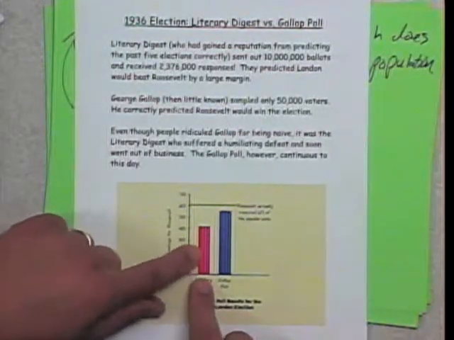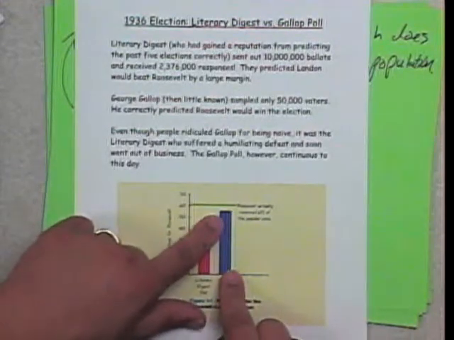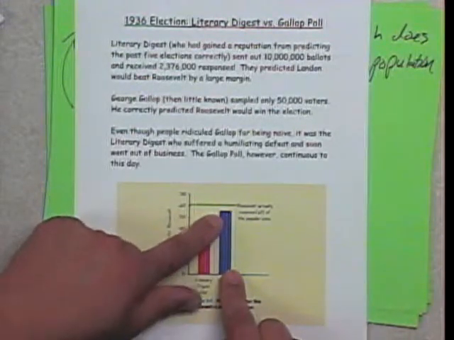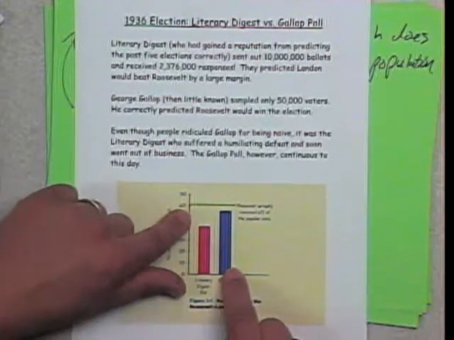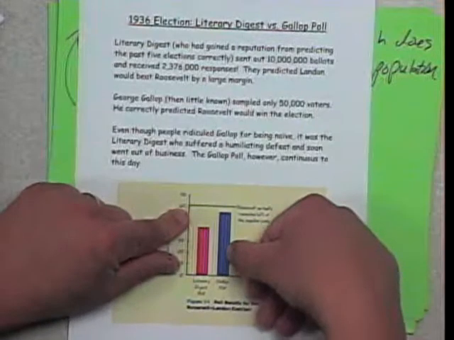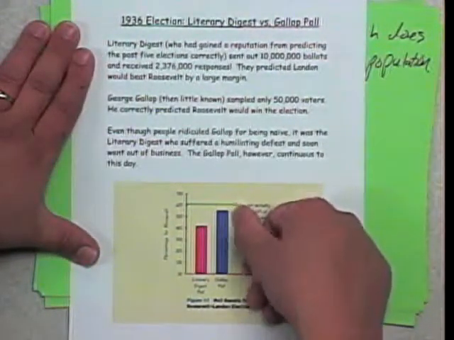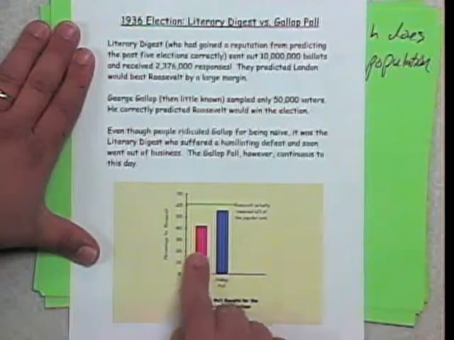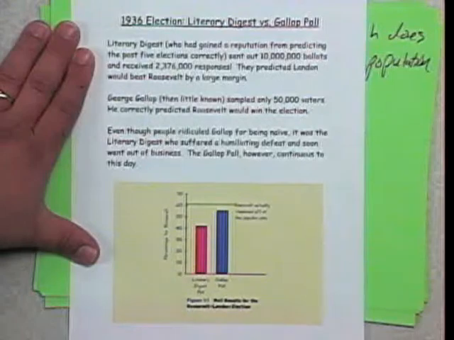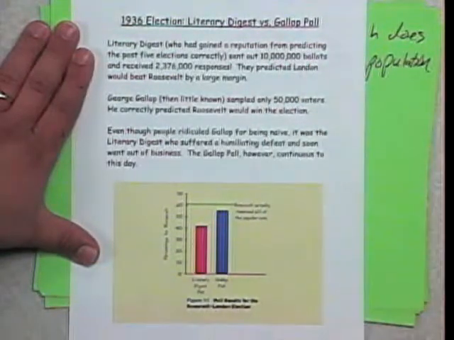The Literary Digest said about 40%. Gallup said about 56%, and Roosevelt actually received 61% of the votes. So Gallup concluded that Roosevelt would win, and he was fairly close to the 61%, while the Literary Digest was way off, and their sample was huge.